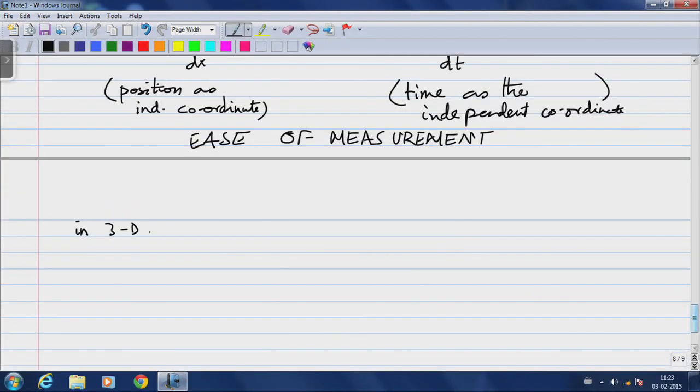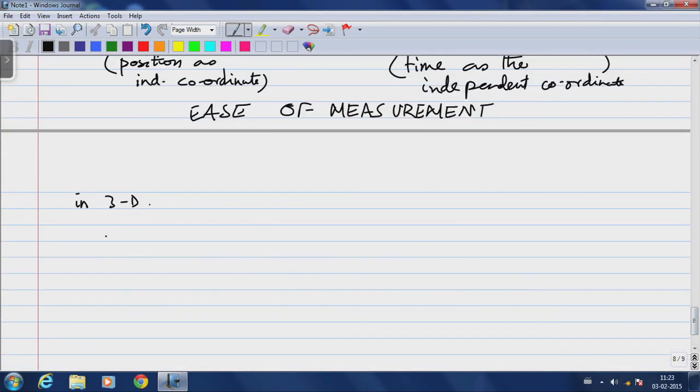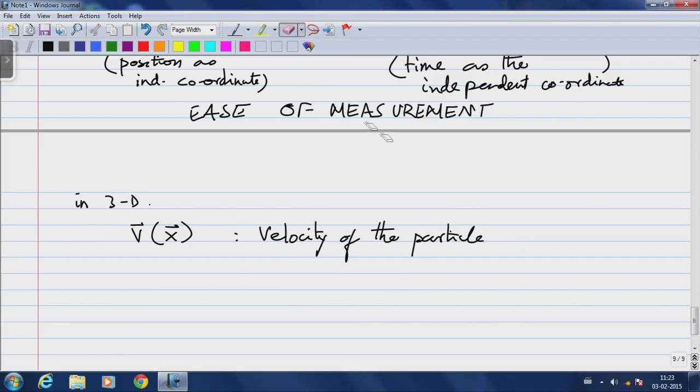Likewise, if I generalize this, if I know the velocity as a function of spatial position, so this is called the velocity of the particle, is known as a function of the position vector.